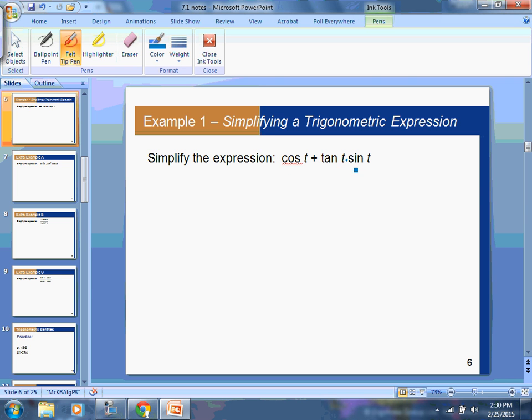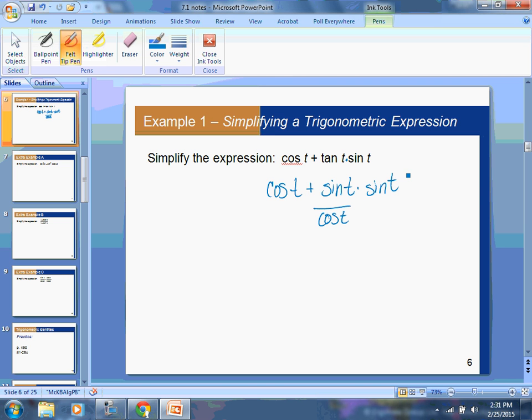So since I have these other functions written in sine and cosine, I'm going to rewrite this so that tangent isn't tangent anymore. I'm going to make it sine of t over the cosine of t. All I did there was use my knowledge of tangent and rewrite it as sine over cosine.